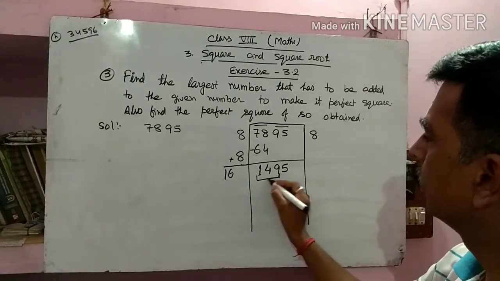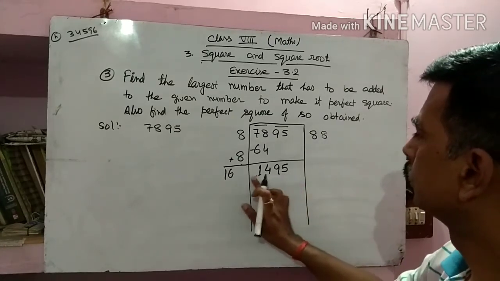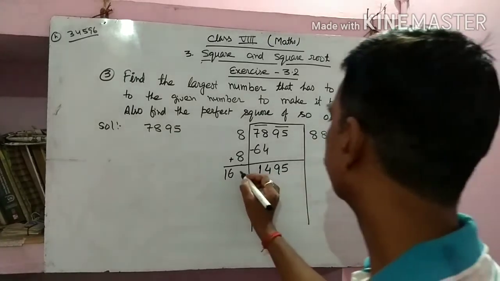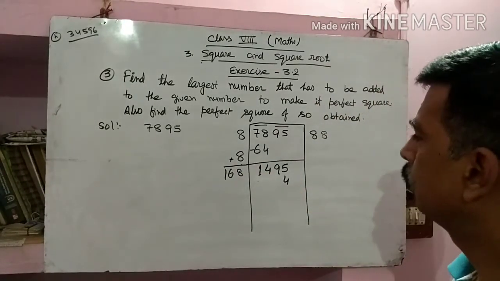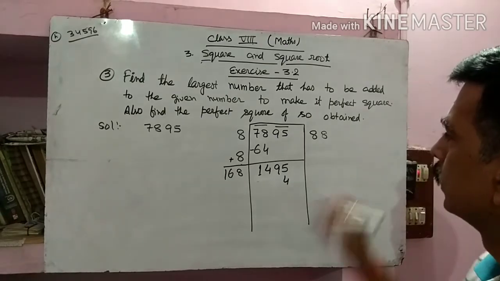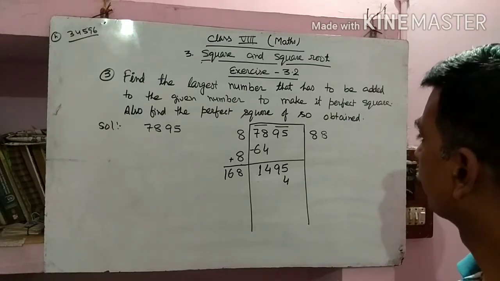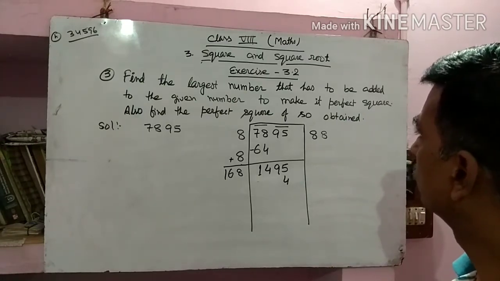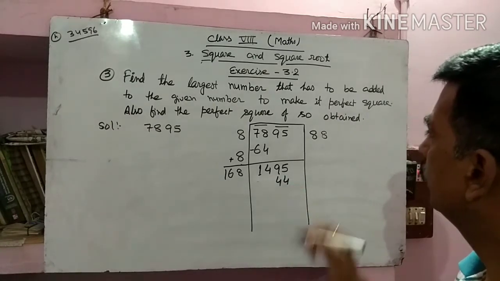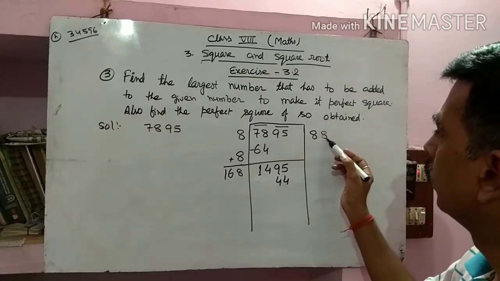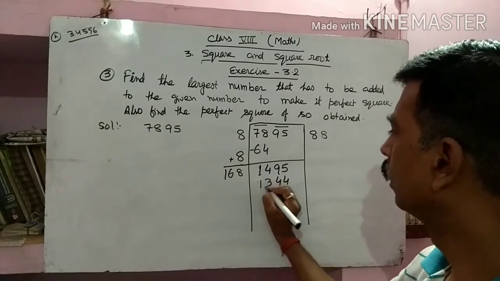It will be 8 times 8 is 64, carry 6. 8 times 6 is 48 plus 6, 48, 50, then 54. 5 is remaining, carried. 8 times 1 is 8 plus 5, which is 13.